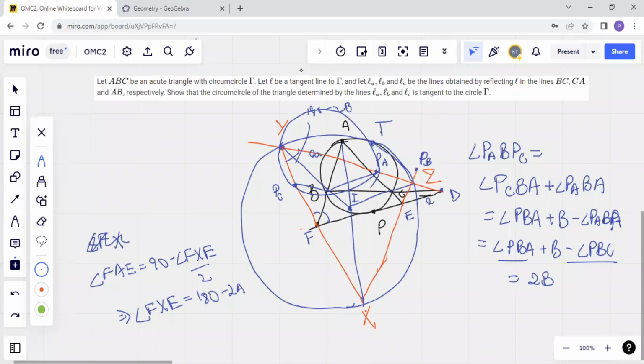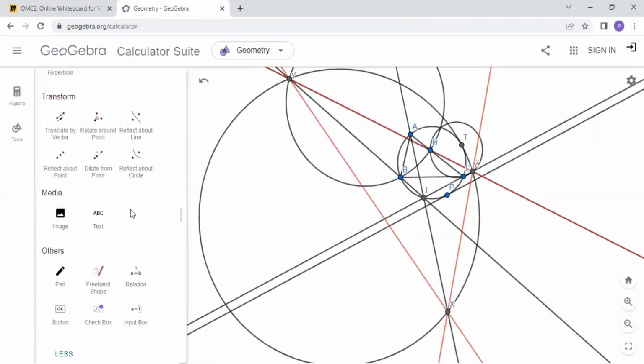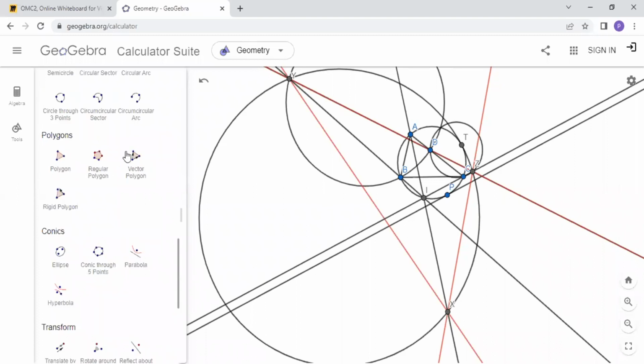So if we try to draw another of these, it almost does seem that it passes through T. This diagram is very bad, and with a more accurate diagram this may be slightly easier to spot. So we just hide these two circles.